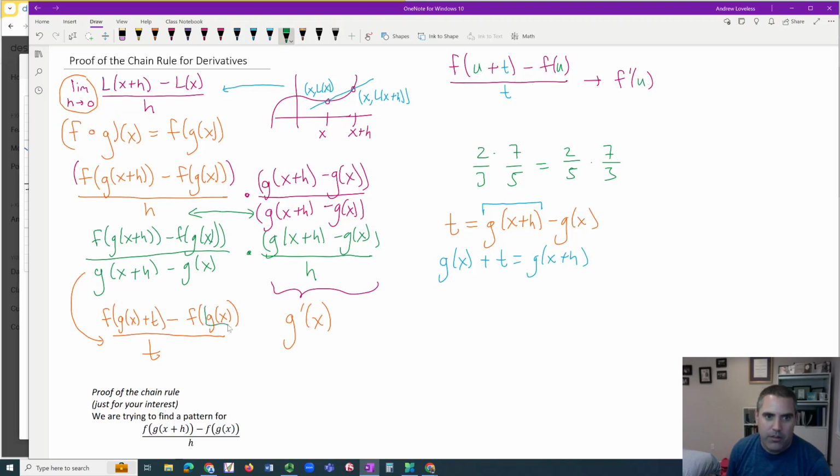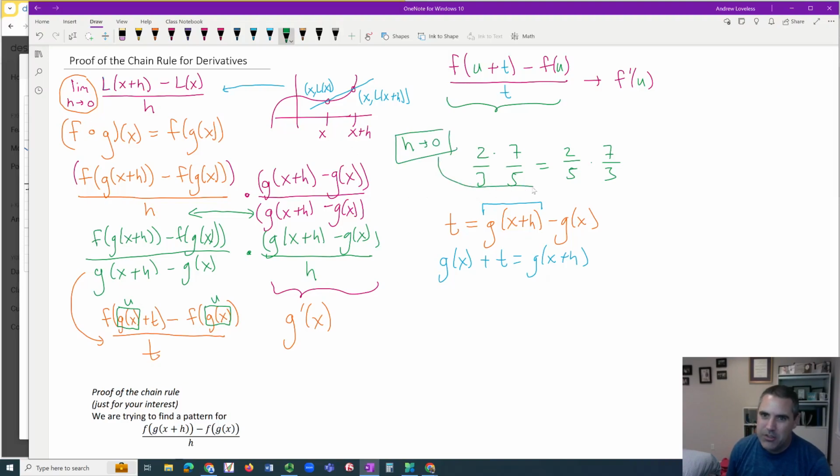If I had called this u, and I had called this u, then what we're looking at is exactly this. And as t goes to 0, now there's a comment to be made here, which is we don't know that t is going to 0. We know that we're making h go to 0. That's the goal in this problem.